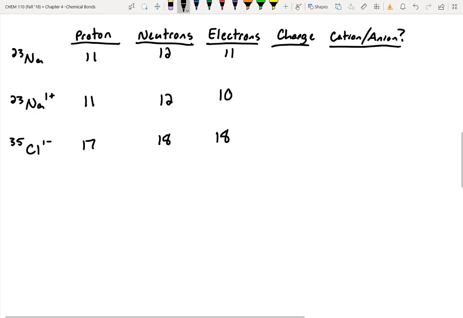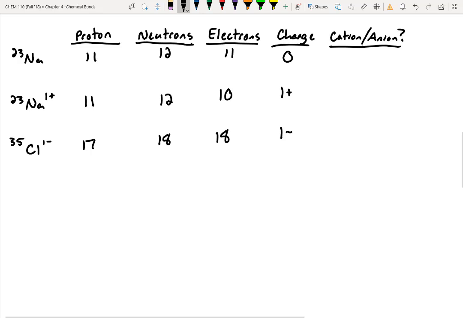All right, now we need to do charge. We said originally sodium has a charge of 0. Sodium over here in the top right-hand corner says 1 plus. On the other side, it says 1 negative. You can do -1. I'm not picky about that. Some chemistry instructors are. Normally in chemistry, we show the number of the charge and then the sign after. Doesn't really matter too much in my opinion, though.